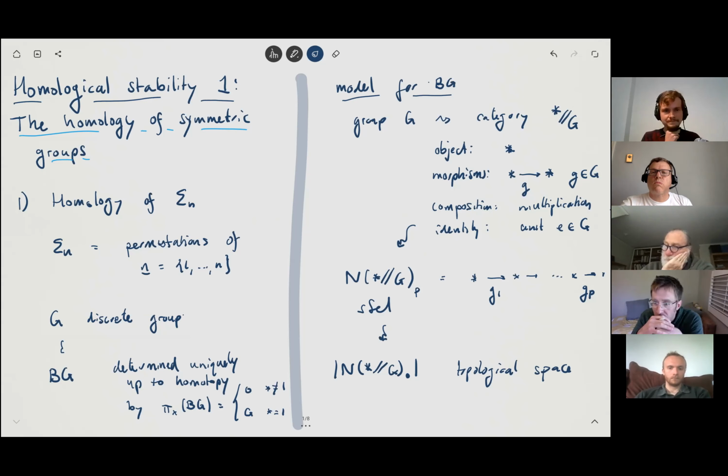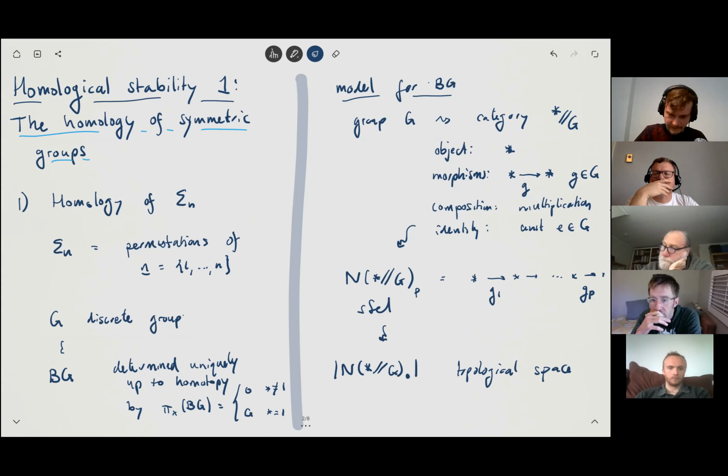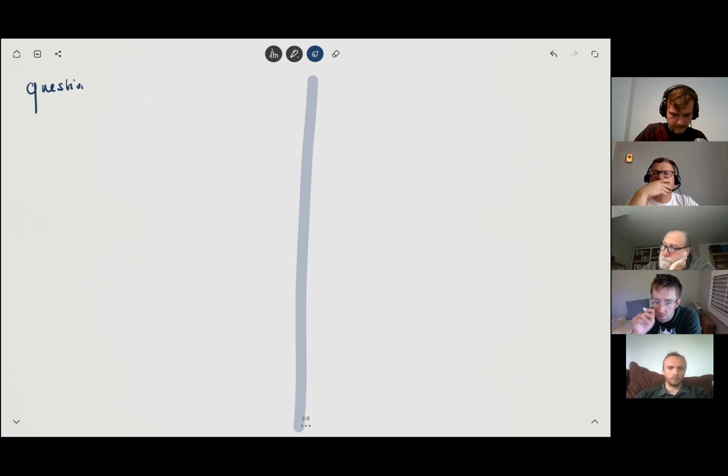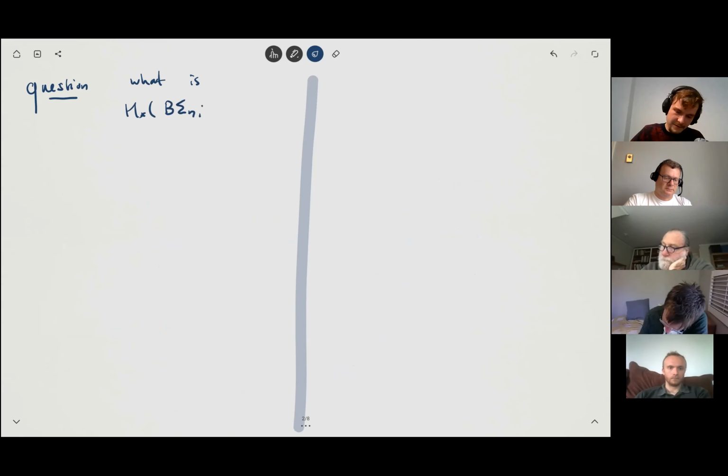Okay, so we can apply this construction to the symmetric group. And then ask the following question. What is the homology of the classifying space of the symmetric group?